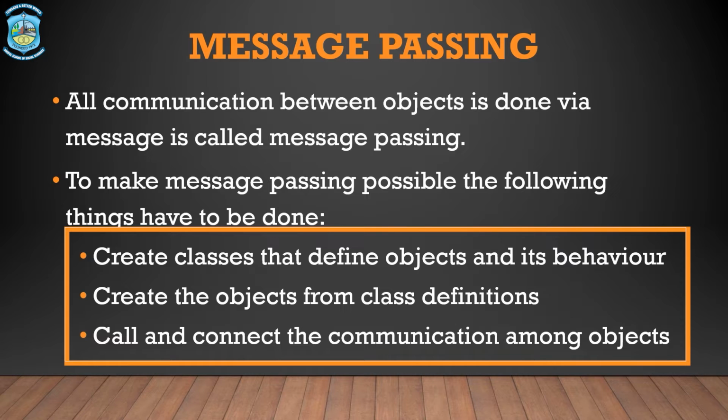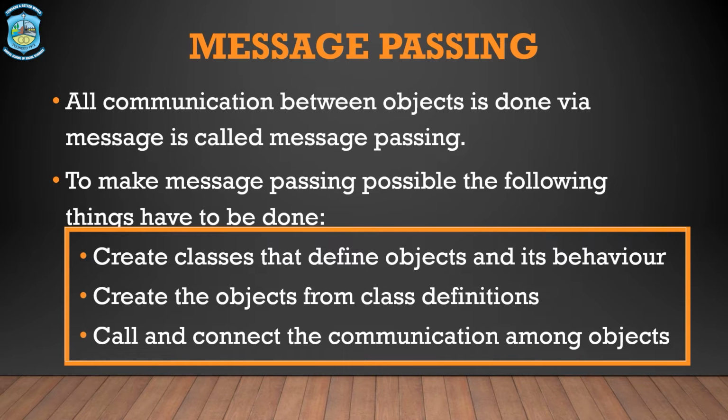The second thing, once a class is created, we need to create the objects from the class definitions. We all know that objects are going to be the instances of classes. Once a class is created and the objects are created, then we can call and connect the communication amongst the objects.